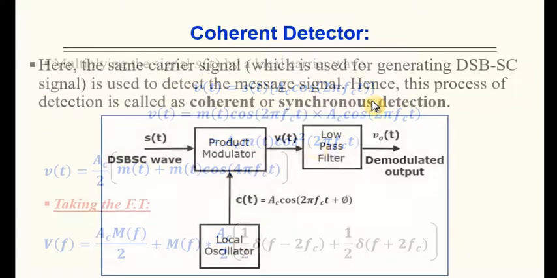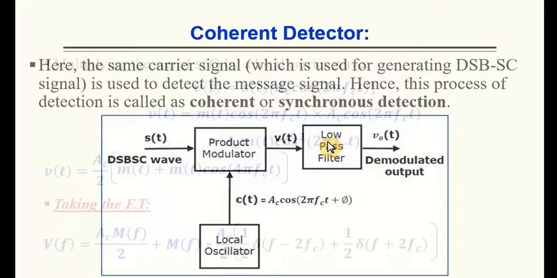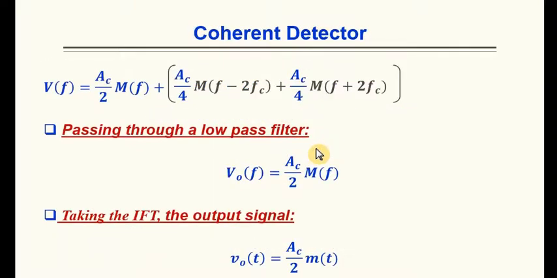Now then after v of t is delivered to the low pass filter, the low pass filter will remove any high frequencies, right? So as we know fc is a very high frequency, so twice that will be much higher. So it is very easy to filter out these components by using a low pass filter.